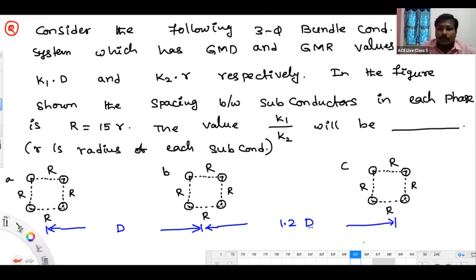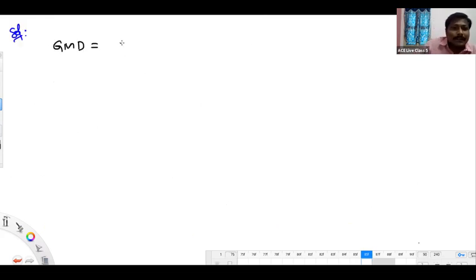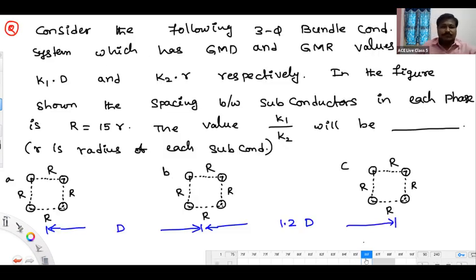So let's move. GMD is the cube root of three terms: the distance between phase A and phase B, phase B and phase C, and phase C and phase A. What is A to B?